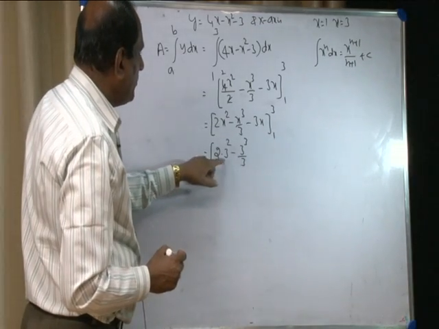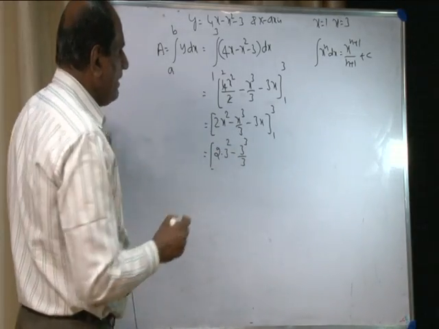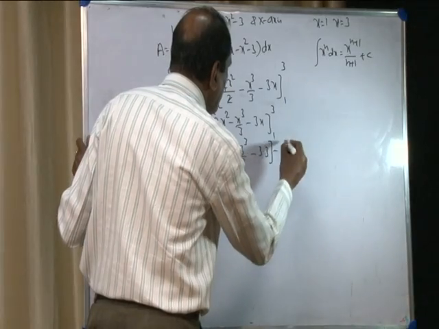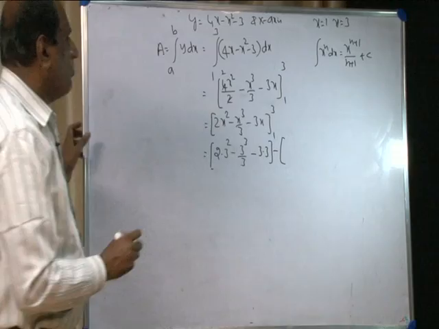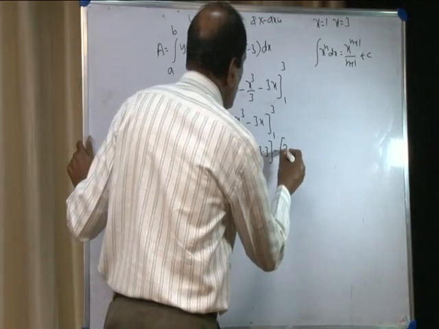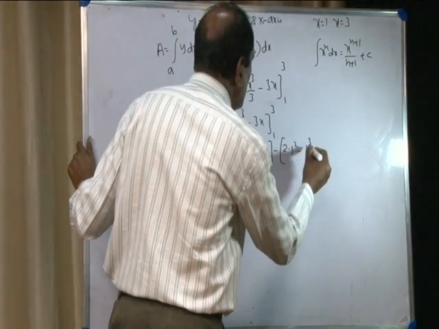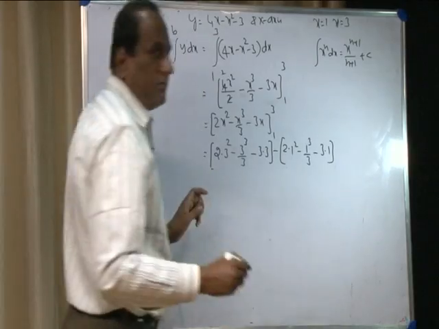So, 2 into 3 square minus 3 cube by 3 minus 3 into 3. This is the upper limit, minus the lower limit. So, put x is equal to 1, that is 2 into 1 square minus 1 cube by 3 minus 3 into 1. This is the lower limit.